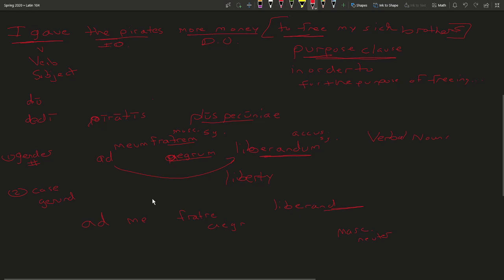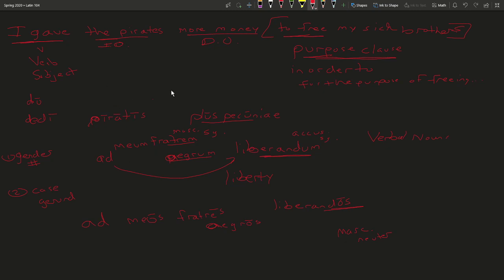And so we'll use meos, fratres, aegros. So this is just converting sick brother to sick brothers. And then we'll also have to change the number of the gerundive to plural as well to match. So even though when it's singular, the gerund and gerundive phrase looks the same, when it's plural, we can see the difference. So ad meos fratres aegros liberandos.